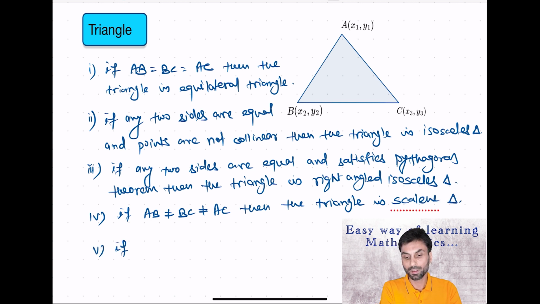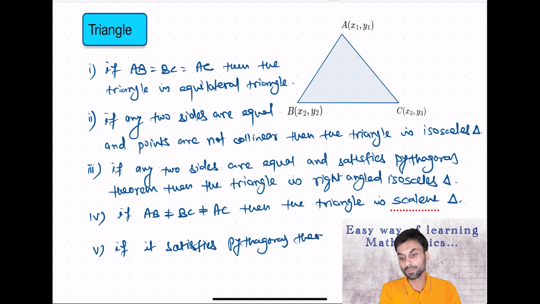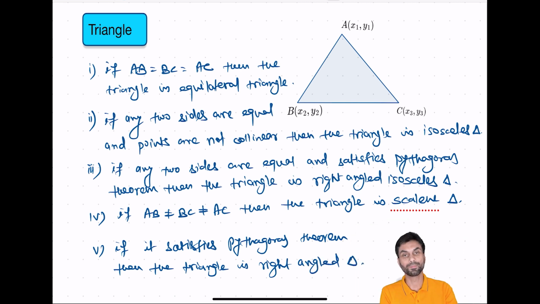If it satisfies Pythagoras theorem, then the triangle is a right angled triangle. So these are the different ways by which we can find out which type of triangle we have.